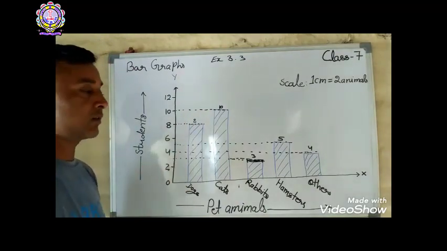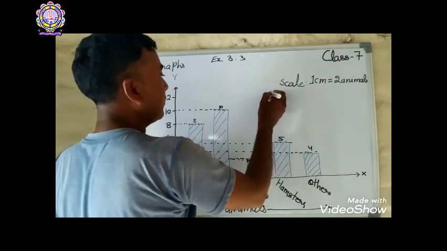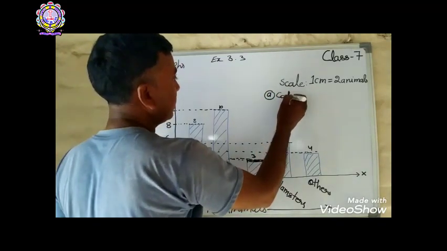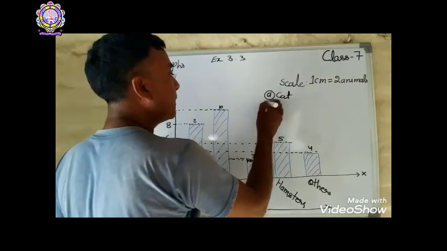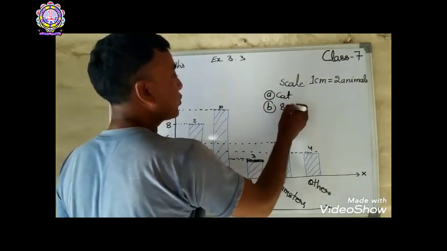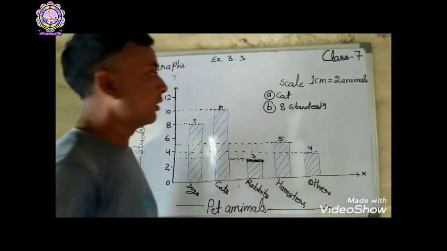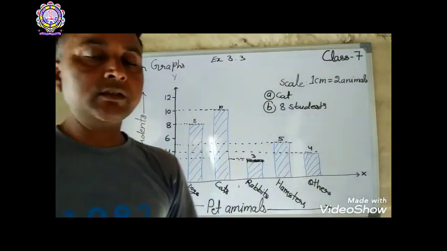There are 8 students. So the answer of A part is cat, and the answer of B part is 8 students. I hope you understand it.